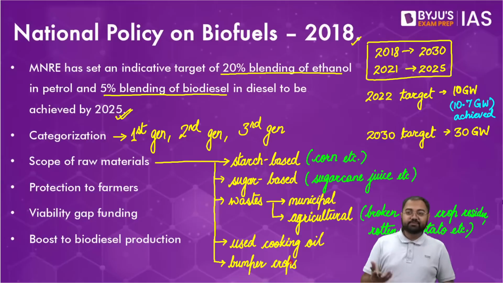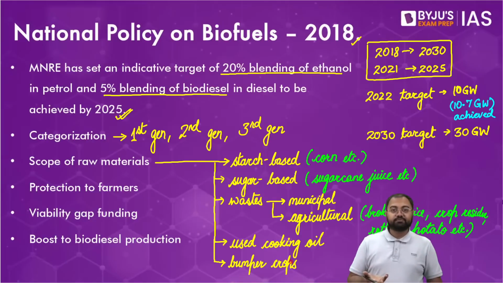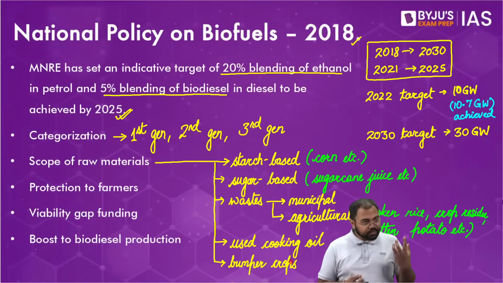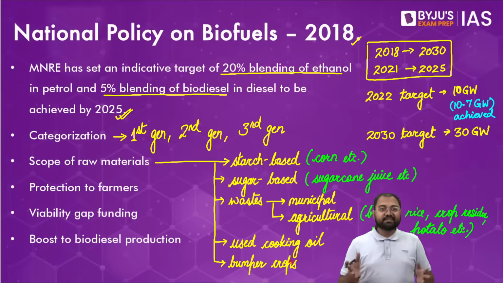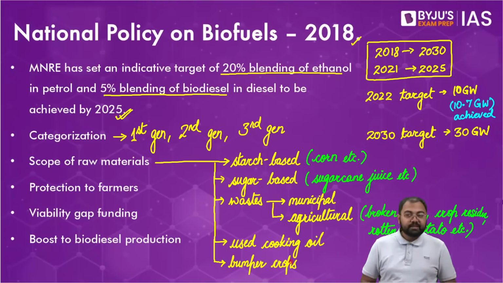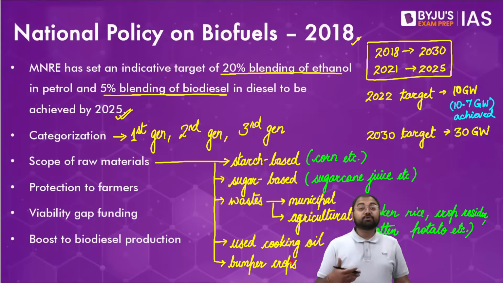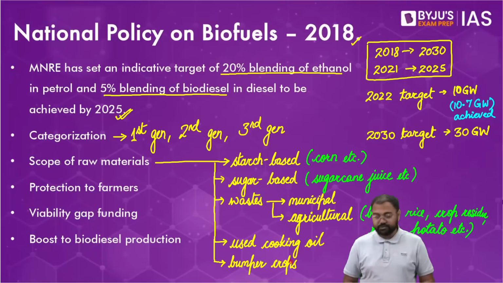So many times the farmers have no other option but to just throw that crop away. This keeps on happening from time to time. So this is where the government says that whatever is the surplus can be bought by the government, and that can become a source of extra income for the farmers also.